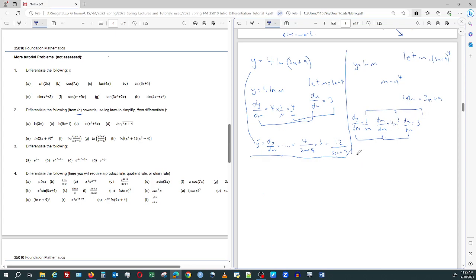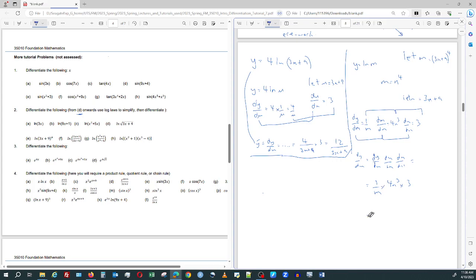It's dy/dx equals dy/dm times dm/dn times dn/dx. So we put all those together and we'll get 1 on m, I'll just leave them in their natives at the moment, times 4n cubed, just so you can see the chaining going on. Okay, so there's times 3.